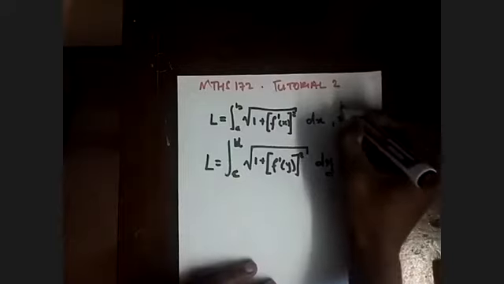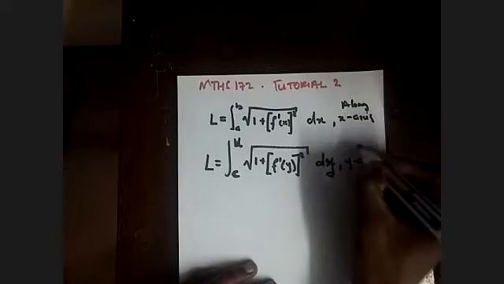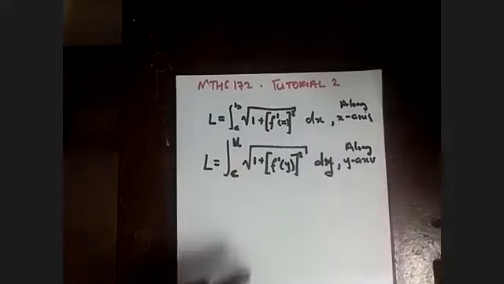I said dx, guys. That's the mistake that we're committing. This one is the one that we deal with along the y-axis. So it is important for you to understand. Let me write it neatly along the x-axis and along the y-axis.